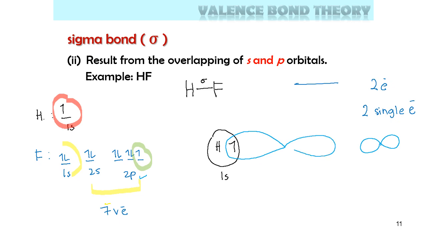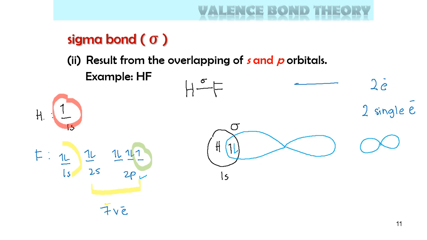Draw it nicely. And here, you need to pair up the electron. So it will be like this. One electron from fluorine and another electron from hydrogen will be shared together to form sigma bond.